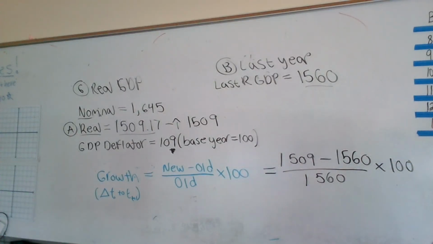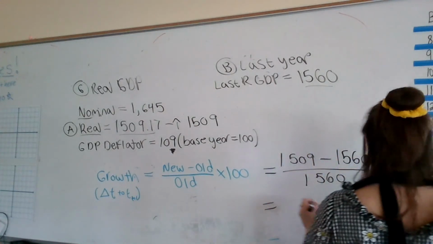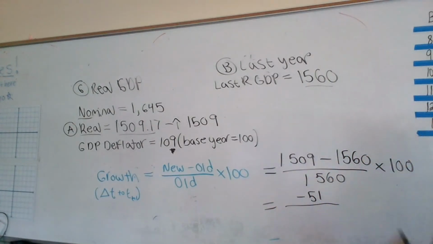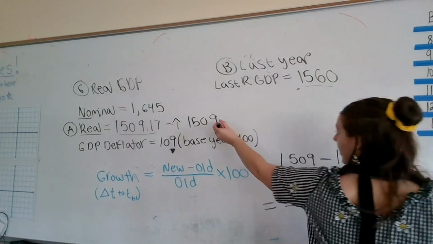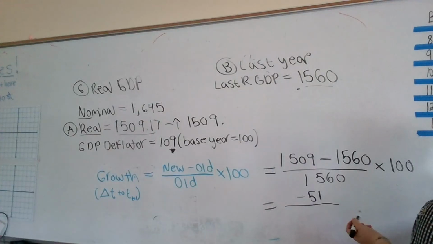All right, we got that. Let's solve it out. This is going to be negative 51. So we can already see from last year to our year now, we didn't grow.